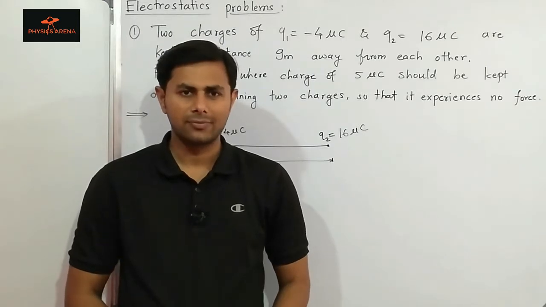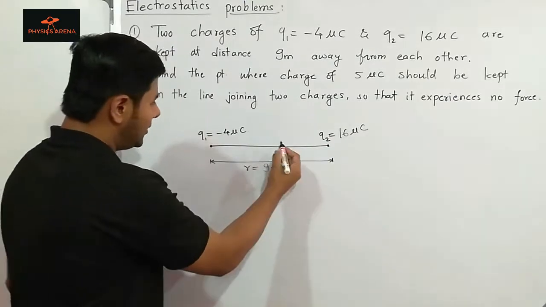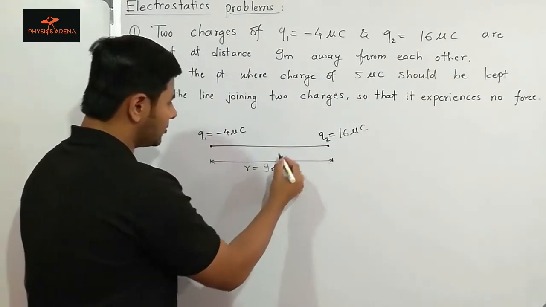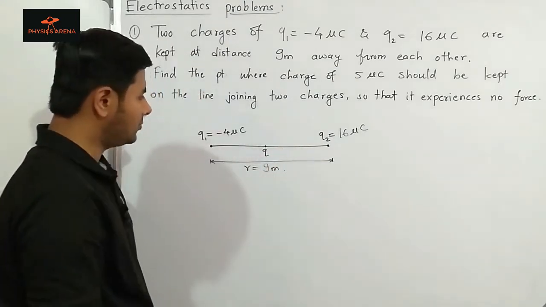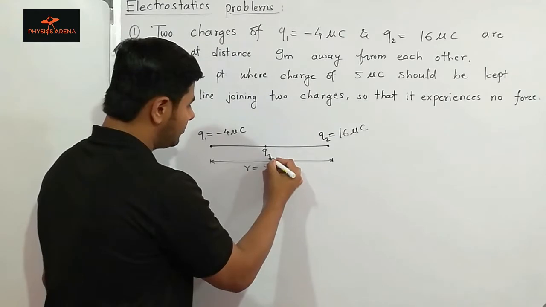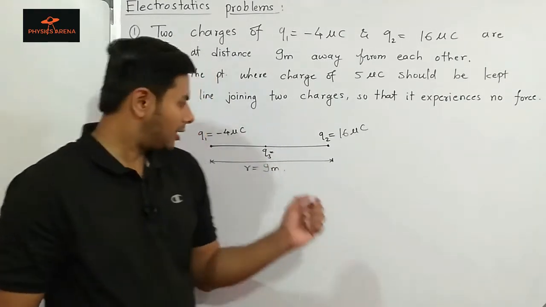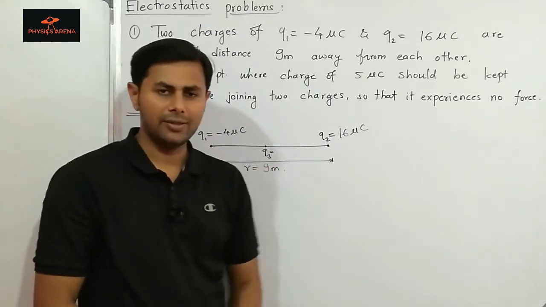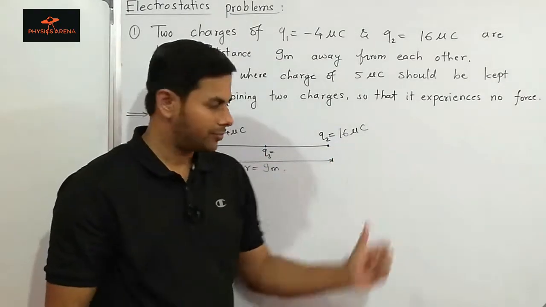Okay, now let's imagine what will happen if we keep that charge somewhere in between Q1 and Q2. So let's put it somewhere. So this is positive Q3. Now there will be some force exerted by Q1 on Q3 and there will also be some force due to Q2.